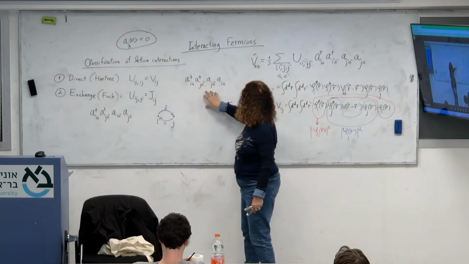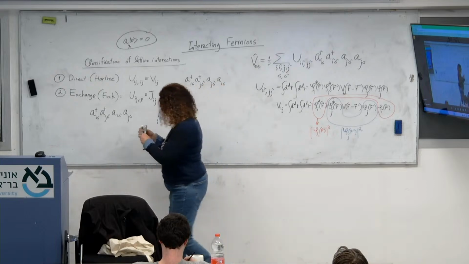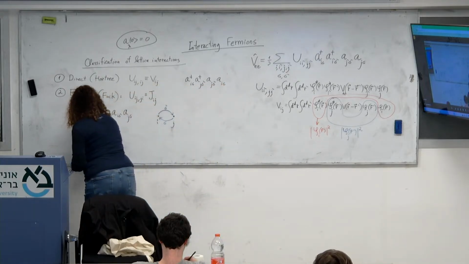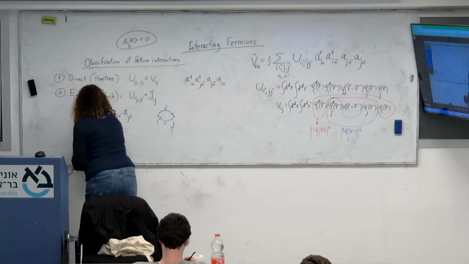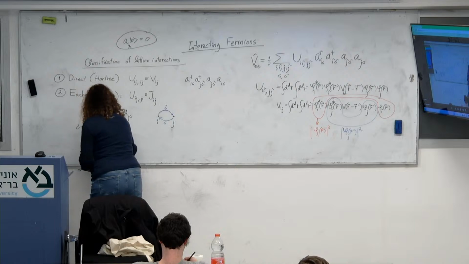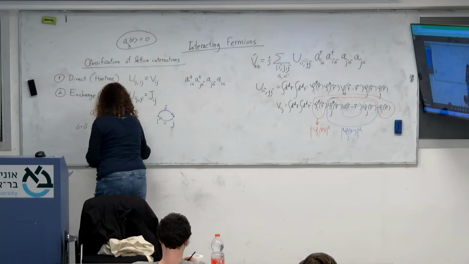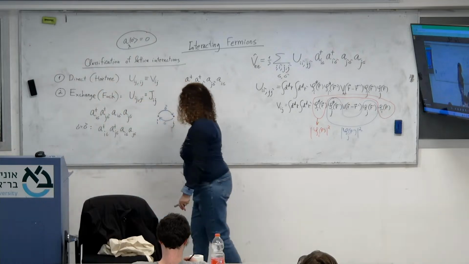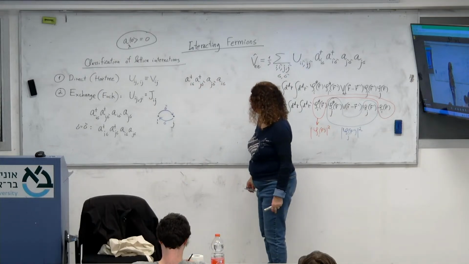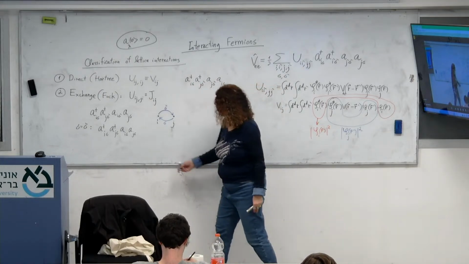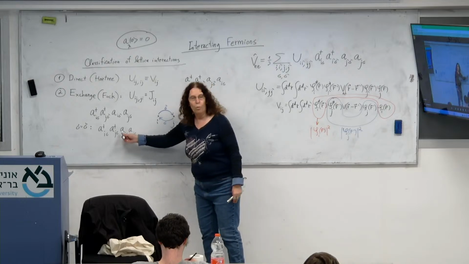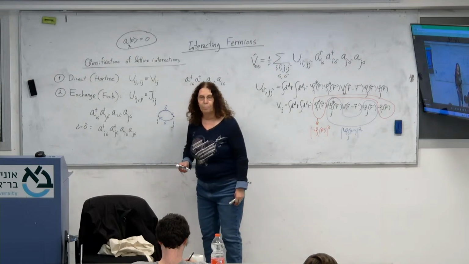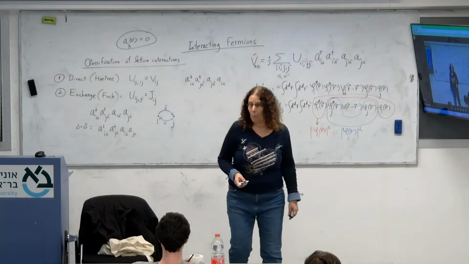What is the difference? So let's take the case sigma equals to sigma prime, and see what we get. So all the sigmas, it's only one sigma, okay? And we see that if we exchange these two, we're back to the Hartree.